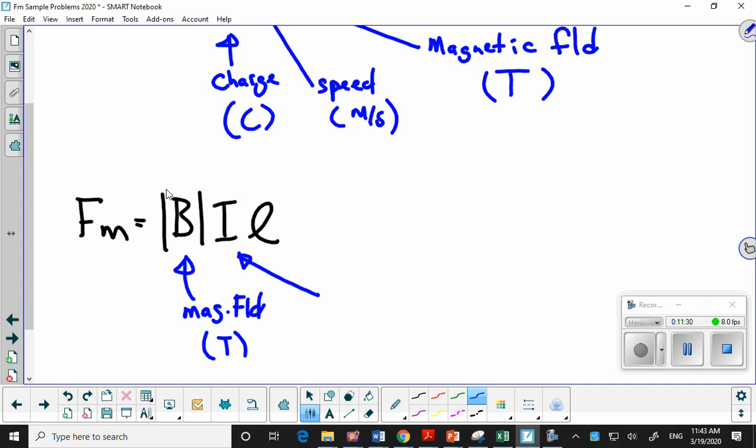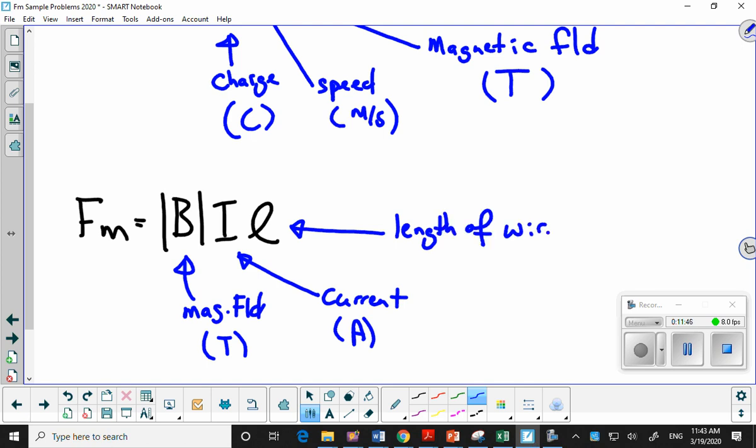I is the current. That's measured in amps, or more correctly amperes, but we just always say amps. And L is the length of wire in the field. Might be a very long wire, but it's only the part which is actually in the field which counts in this formula. So it's going to be BIL, or Bill.